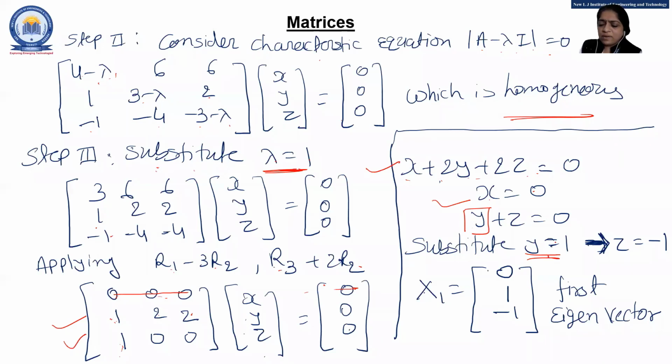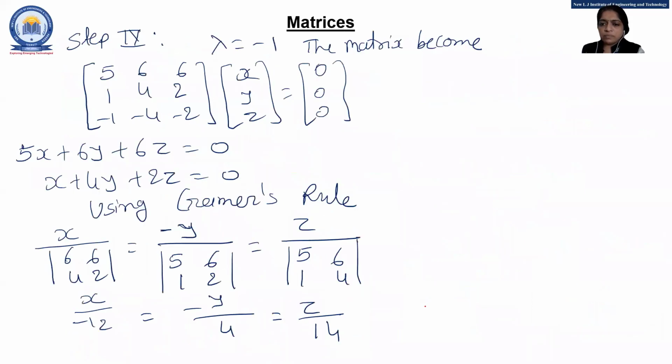You can take any value, it is not necessary to take just 1. Let y equal to 1, then z is minus 1. So now you have all three values: x is 0, y is 1 and z is minus 1. This is your first eigenvector. Again, I repeat, you can take y as any value because there is one free variable.